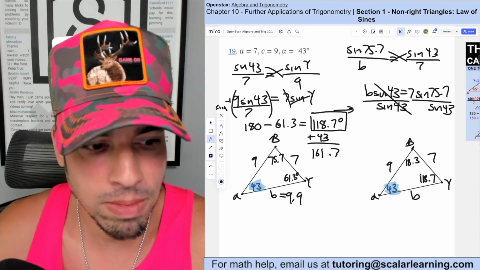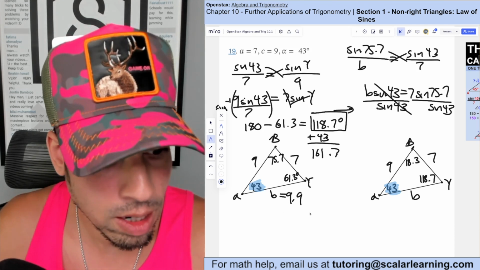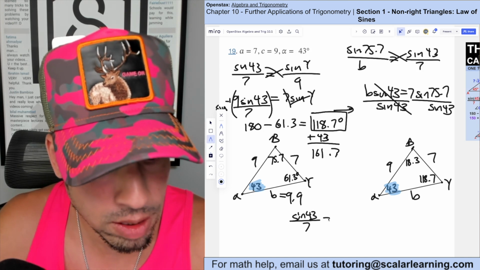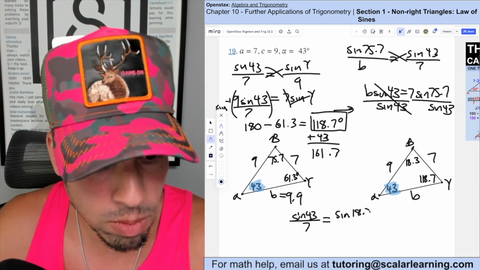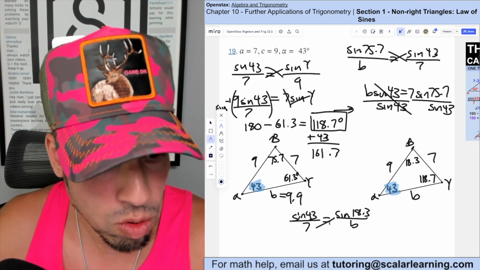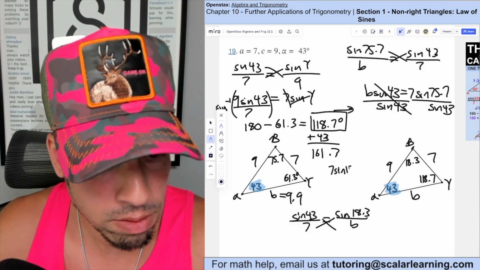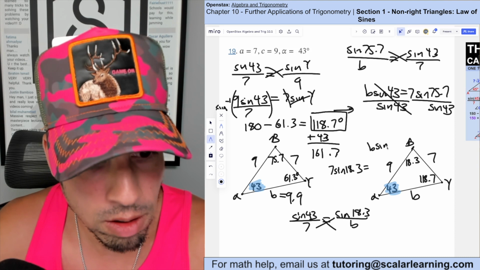Now we're going to do the same thing with this triangle, and we're going to use law of sines. So we got sine of 43 over 7 is equal to sine of 18.3 this time over b. And then we're going to cross, and we get 7 sine of 18.3 equals b sine of 43.